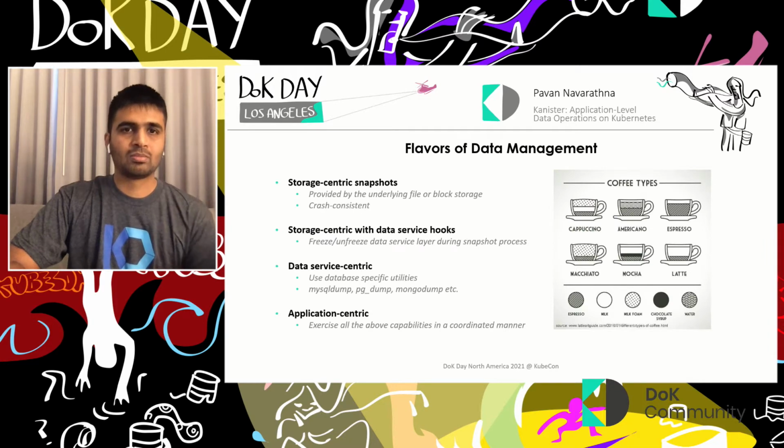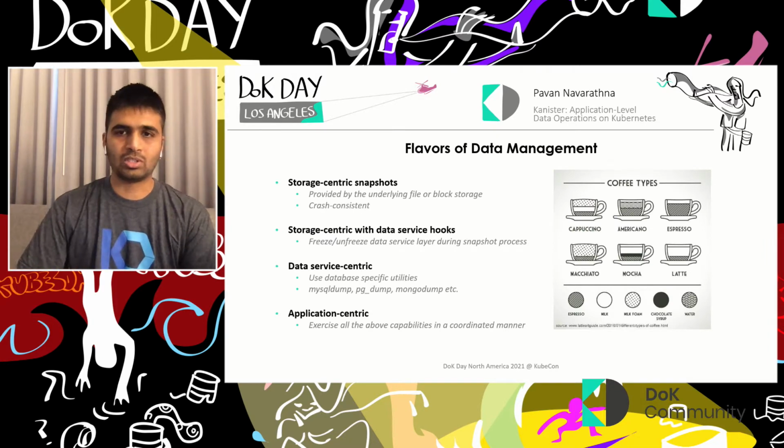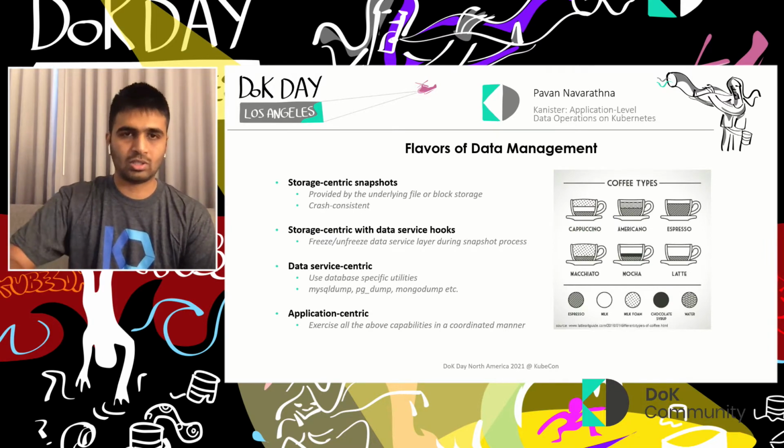So before we talk about Kanister, let's talk about data management on Kubernetes in general. Once all the infra and storage related problems have been solved, day two services like backup, disaster recovery, and application mobility take precedence. Based on our learnings here at Kasten, we have seen that there can be multiple flavors of data management.